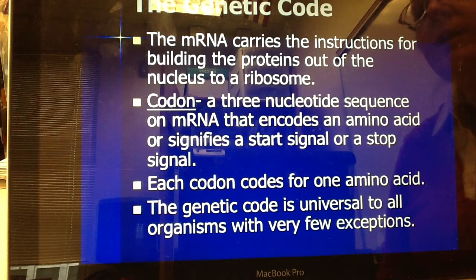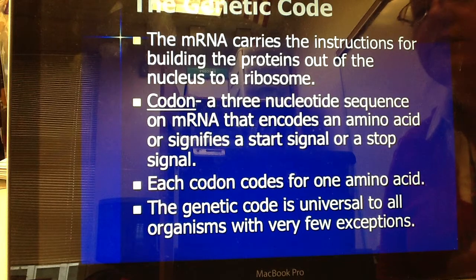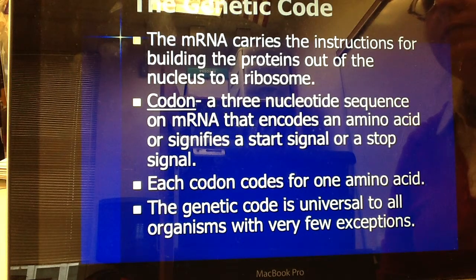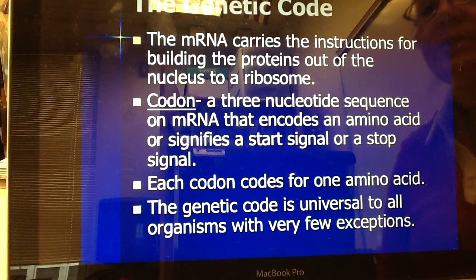Now, one of the things we need to realize is what a codon is. A codon is three sets of nucleotides that make up the mRNA sequences. You can have many of these, okay? The mRNA that encodes an amino acid or signifies a start signal or a stop signal is very specific. You need a start signal to signal when the protein is going to begin, and you saw those in the DNA sequence sentences worksheet that we did, okay?